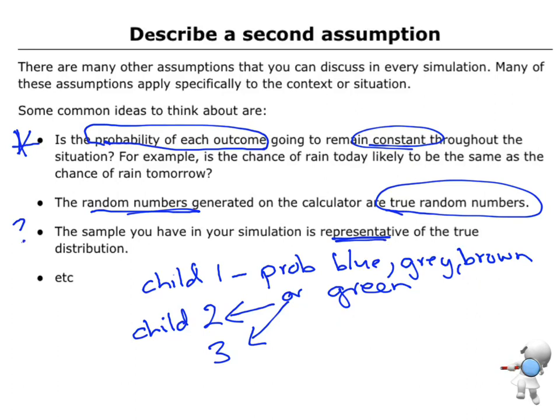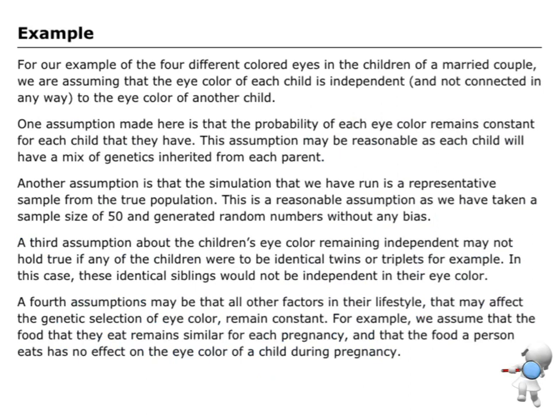The other thing we want to think about is what happens in real life and where real life differs from my model. So I want to compare real life to the mathematical model that we've got and think about some of the differences between them. Let's have a look at an example. We've got our different eye colours.